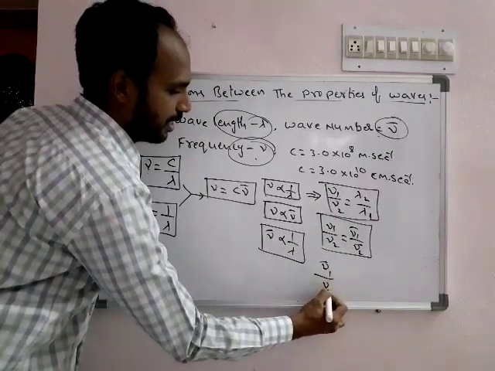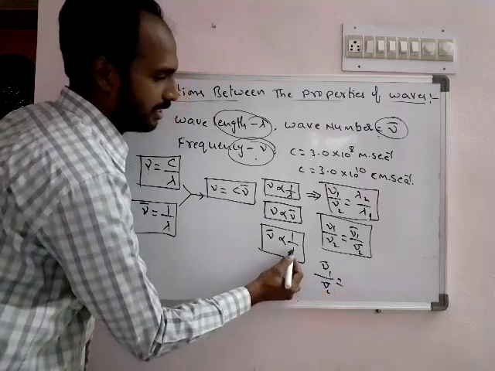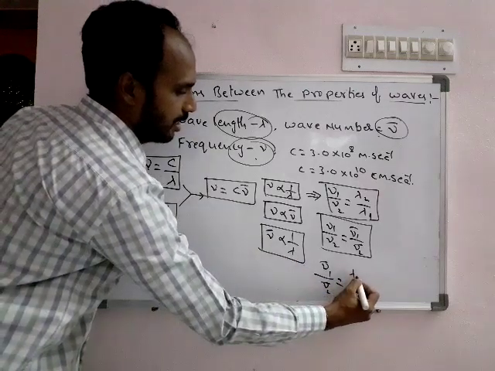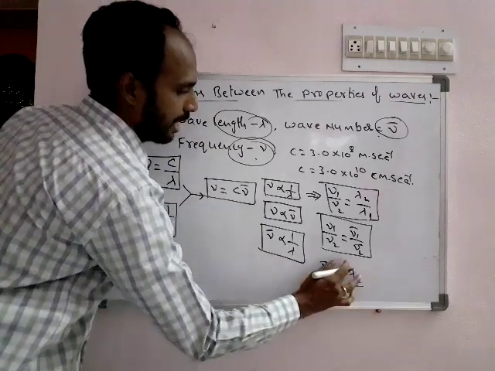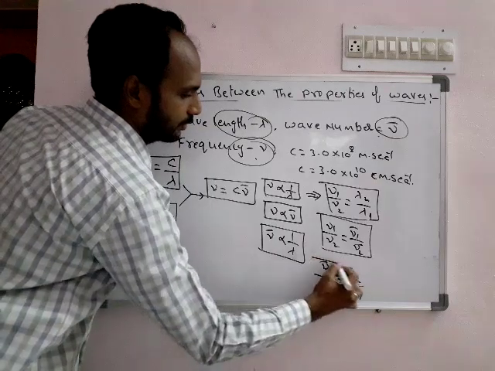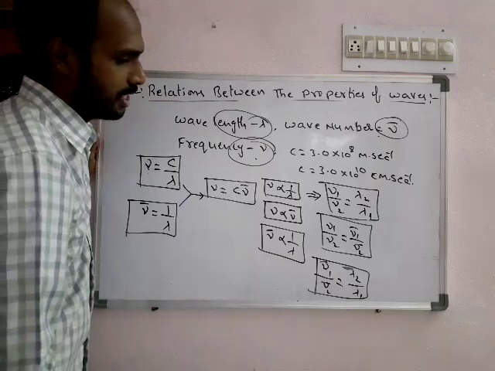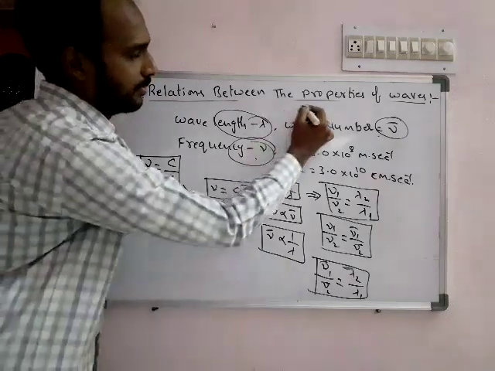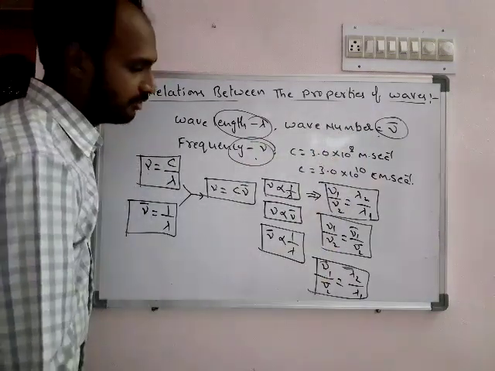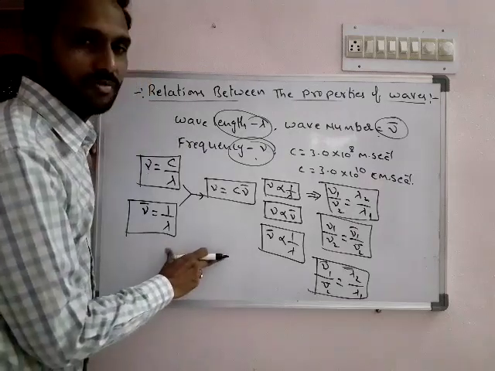So nu 1 bar by nu 2 bar is equal to, here inversely proportional, lambda 2 by lambda 1. So these are the relations between the properties of waves. Now we do some calculation based on these formulas.